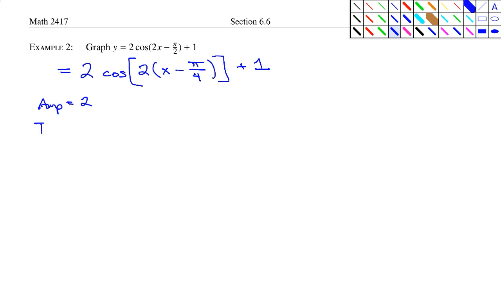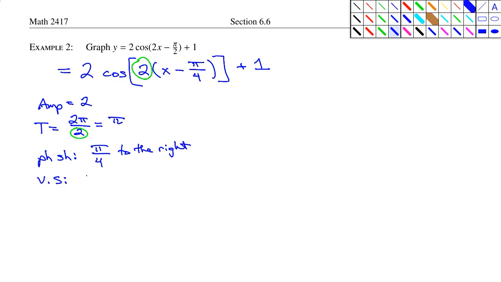The period is going to be 2 pi divided by 2, which is just pi. And that 2 was this one. The phase shift is going to be pi over 4 to the right. And we do have a vertical shift of 1 up. So that's going to change where the median is.